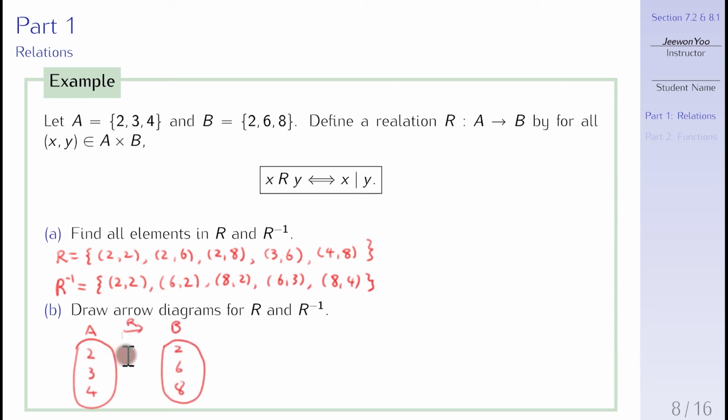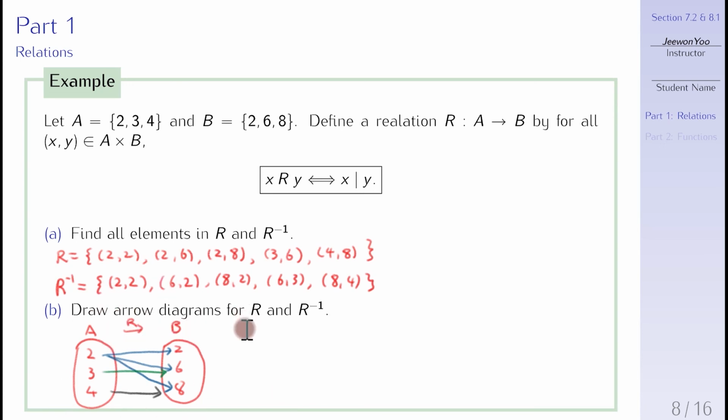We know R has 2 maps to 2, 2 maps to 6, 2 maps to 8, and then 3 maps to 6, and then 4 maps to 8. Congratulations. This is the arrow diagram for R.